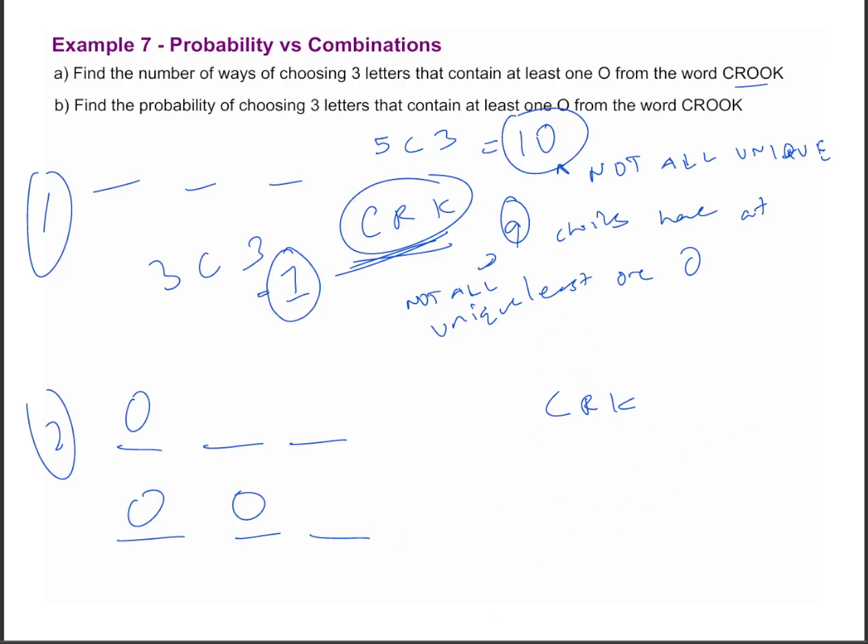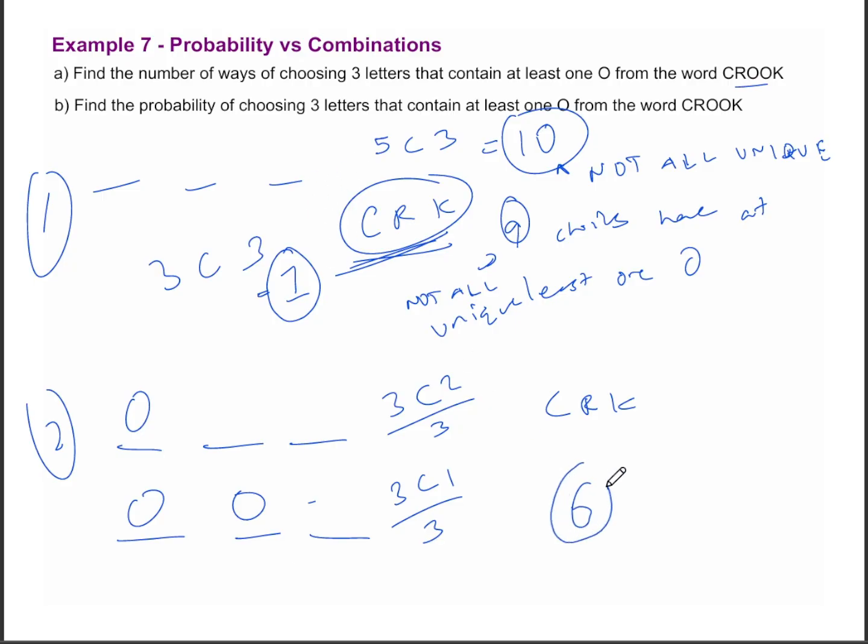And so we just have C, R, and K. For the first one, we have 3 letters, and we're choosing 2 out of them. So we have 3C2. For the second one, again, we have 3 letters, and we're choosing 1 out of them. We have 3C1. This first 3 combination 2 gives us 3, and 3 combination 1 gives us also 3, which when added together, we get a total of 6 possible ways of choosing 3 letters.